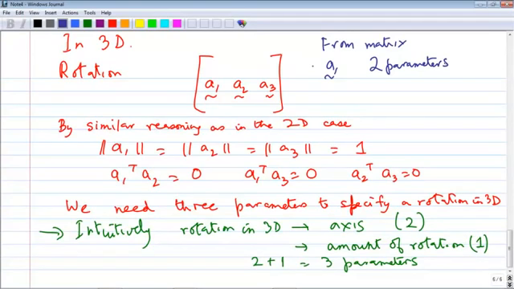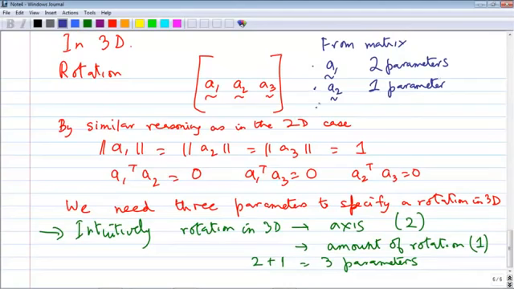Then how many parameters do I have for A2? A2 has to be perpendicular to A1, so that in fact specifies a plane in which A2 must lie. It has to be of unit length, so I can just choose where in that plane to pick this unit vector. So I get one parameter.